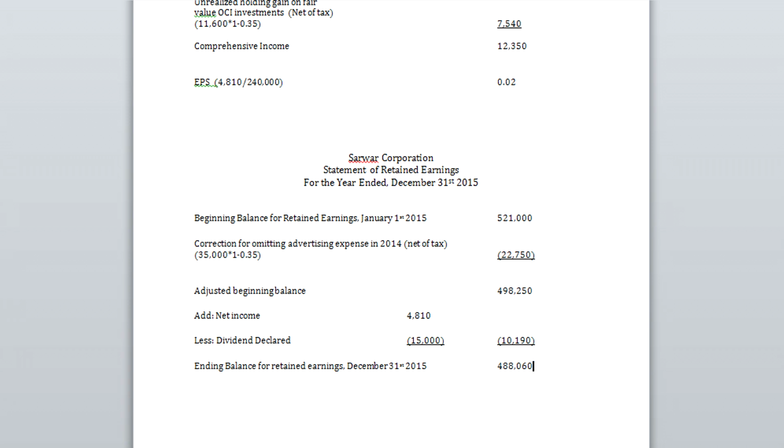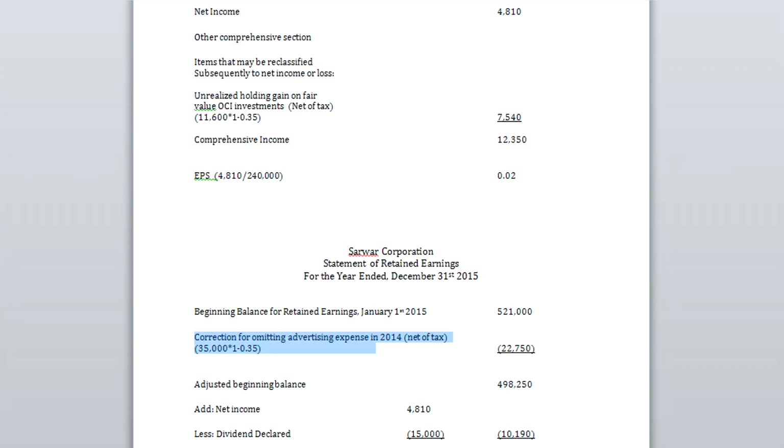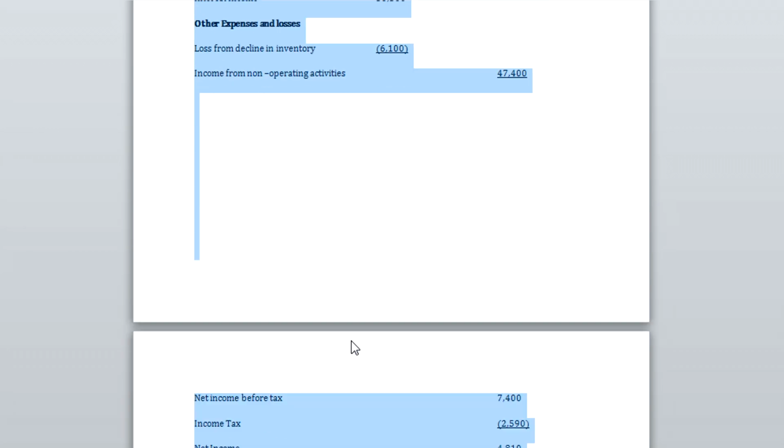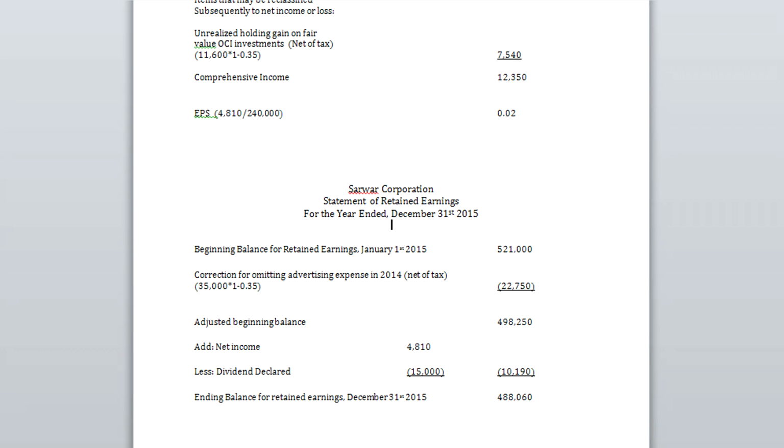There's just a few things you need to know, right? You're going to have to memorize that you add net income and less dividends declared. The trickiest part is to know how to deal with the corrections or errors that have been made in the past. You need to know that they are not included on the income statement, but rather they are included right after we list our beginning balance for retained earnings.